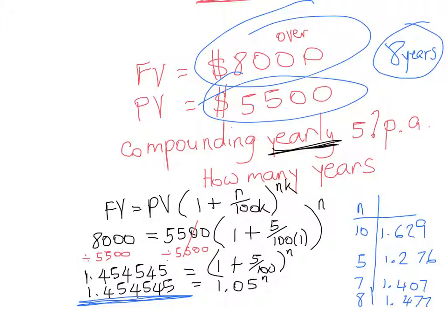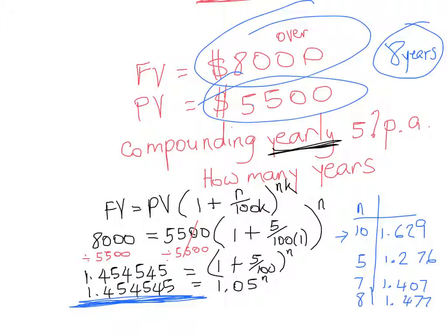So to reiterate what just happened, we had all the values except for our number of years. Since we don't know how to solve algebraically for an exponent, we used trial and error. We tried 10 and it was too big because we were looking for 1.454545.